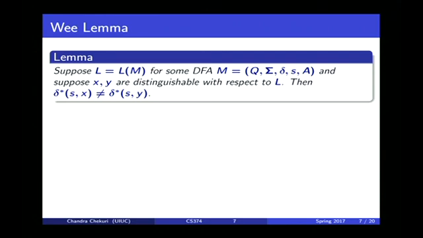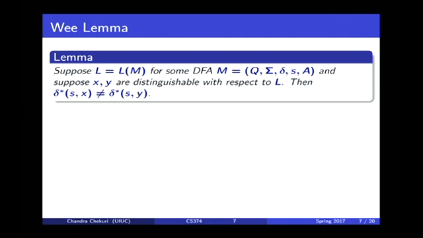So if you have a machine which cannot tell those two strings apart, then it'll make a mistake, right? If I give you two strings where I haven't seen the suffix yet, what should the DFA do? The DFA can only see the current string and it cannot see the future, right?